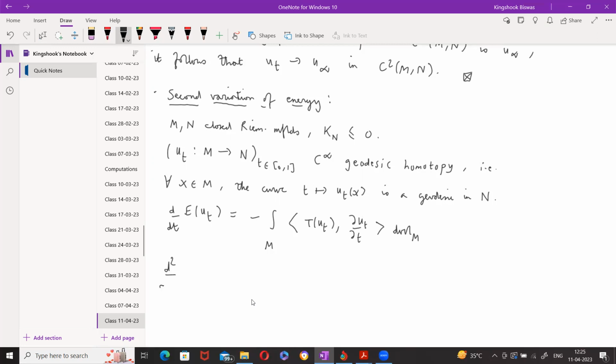Okay. So now let's look at the second derivative, right? So d squared dt squared of energy of u_t, what is this? So I have to differentiate this. So by metric compatibility, what will this be?